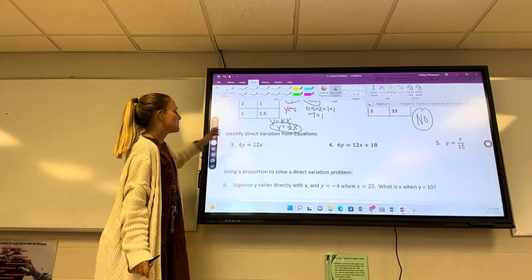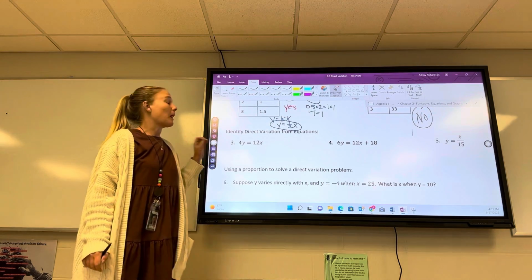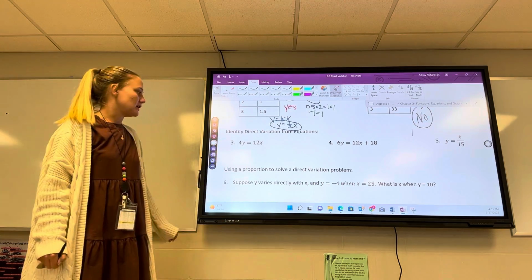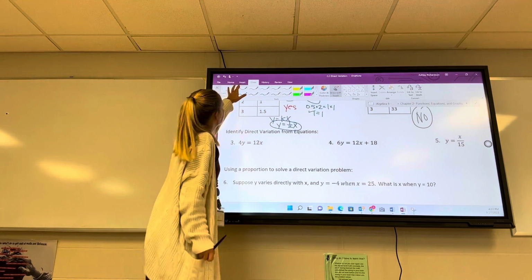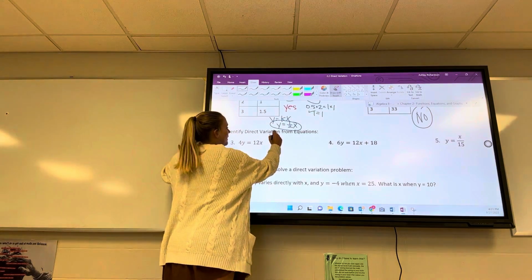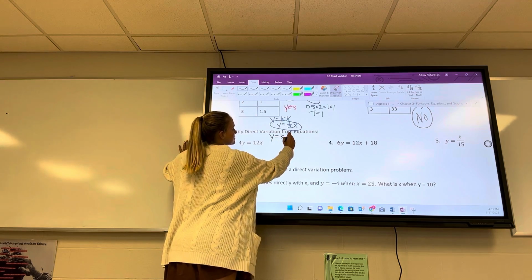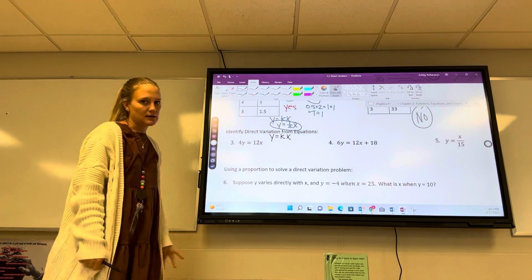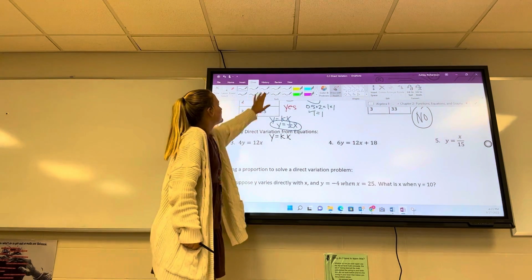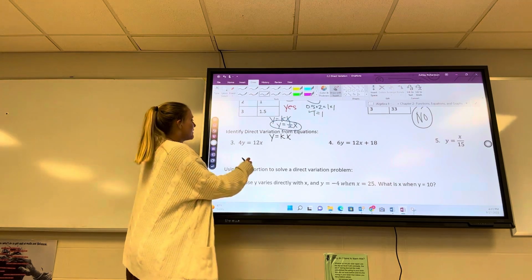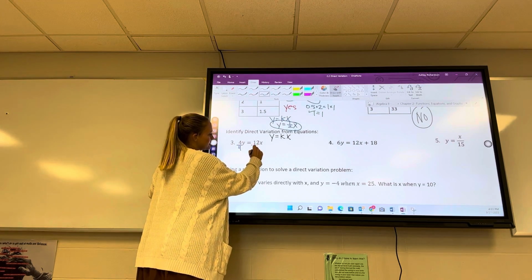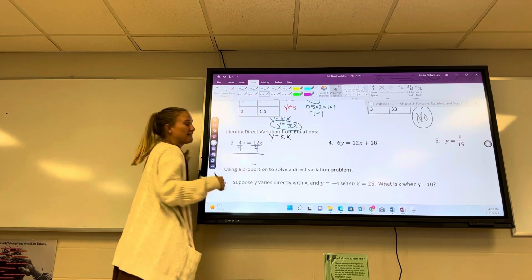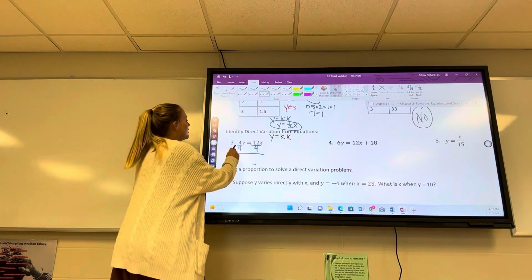All right, for these, I'm going to identify direct variation from the equations. So 4y equals 12x. I want this to look like y equals kx. So basically, I just want y by itself. To get y by itself, I would divide by 4 on both sides, because what you do to one side of the equation, you have to do to the other so that they stay equivalent.